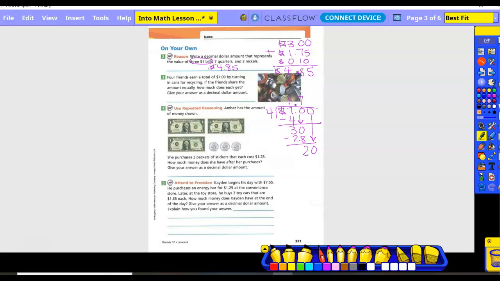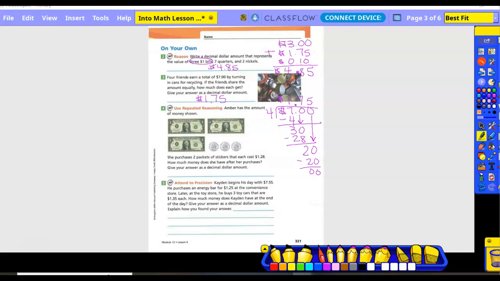How many times does 4 go into 20? 5. So 5 times 4 is 20 and nothing left over. So what is our answer? How much does each person get? $1.75.